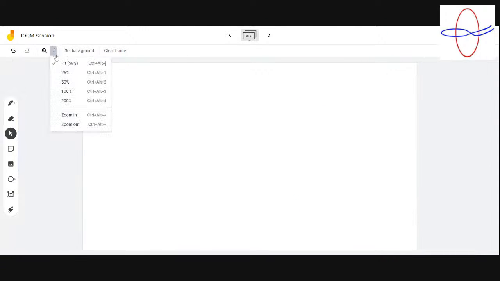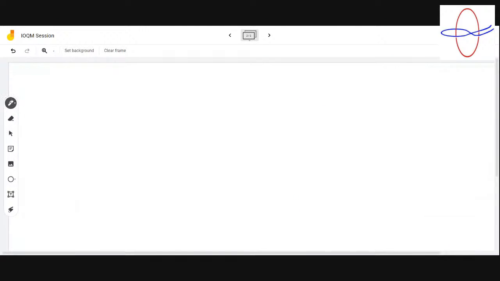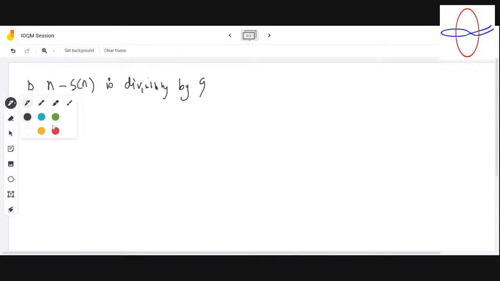We have the following result: n minus Sn is divisible by 9. We lovingly write it as 9 divides n minus Sn. This is the symbol of divides.